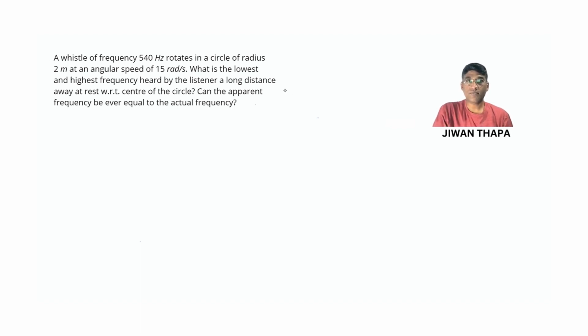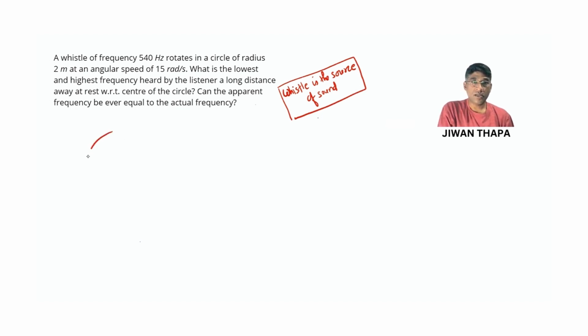So the whistle is the source of sound. This is to be noted. What we find in this case is that the whistle is moving in a circular path of radius r equals 2 meter.